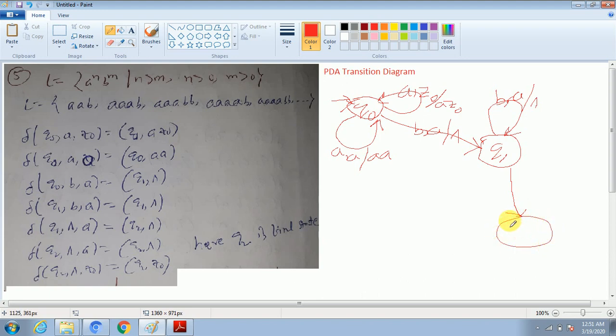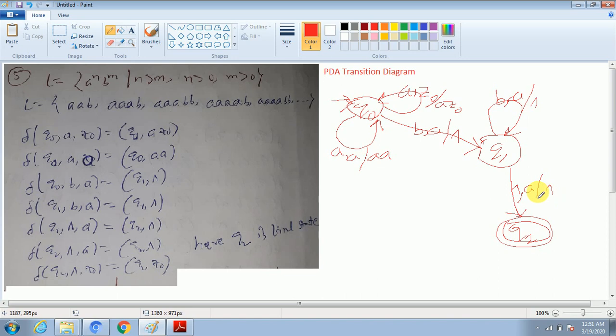So make a circle and mention the state name Q2, and here for Q1 the applied input is null, top is A, and both get ignored.